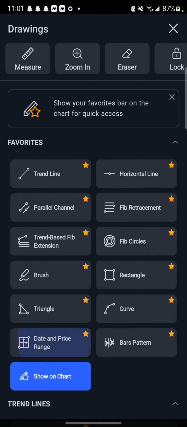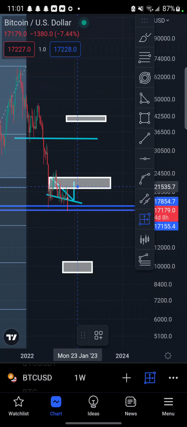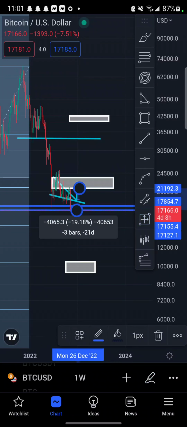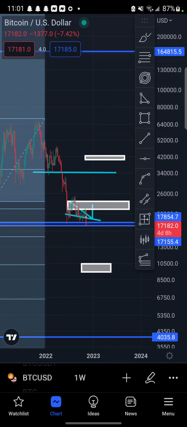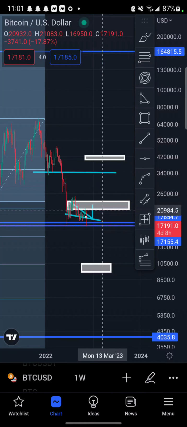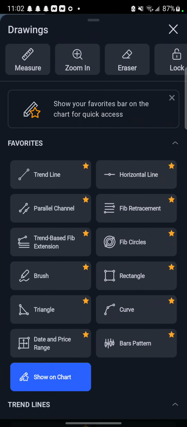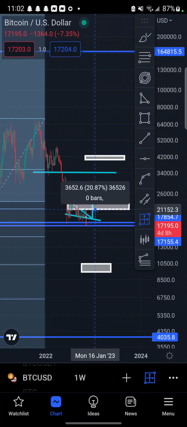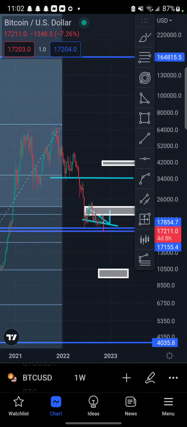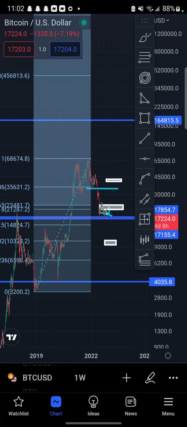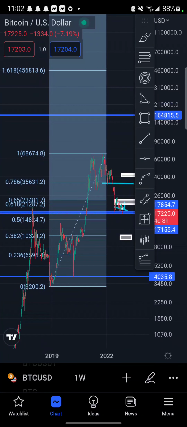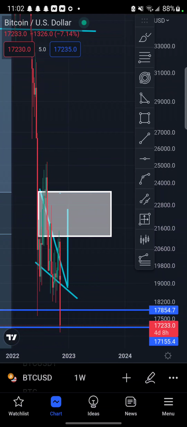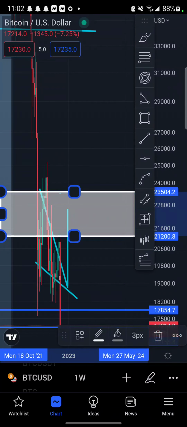Now we're only off by 19%. So let's see if we can swoop back into this 0.618 Fibonacci. And all Bitcoin needs to do is increase by 20% to get back into that range. So this is pretty much what I'm looking at. Let's actually drag this Fibonacci over a little bit.